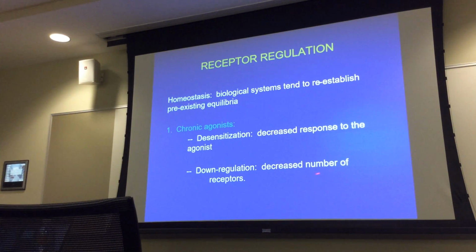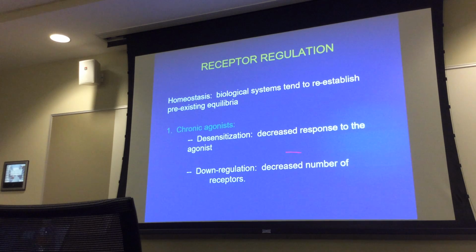But there comes a point at which it becomes pseudo-irreversible, and under those conditions, the receptors undergo what's called downregulation. Downregulation simply means a decreased number of receptors. So initially, you have a desensitization response, which is a reversible, decreased response to the chronic exposure to agonists.